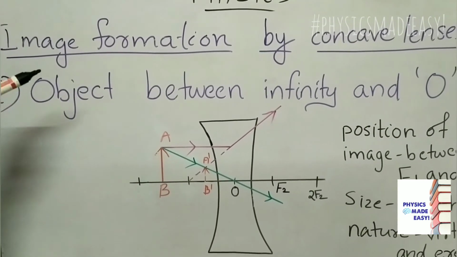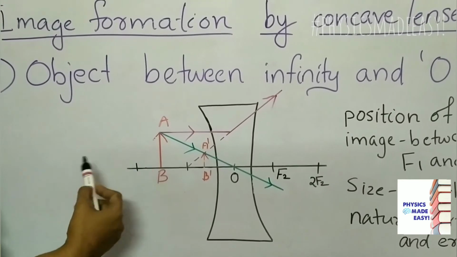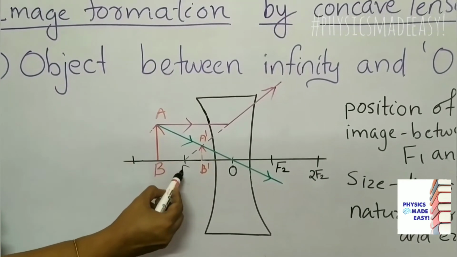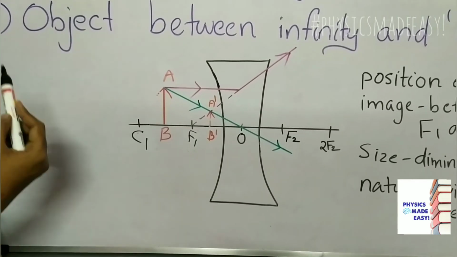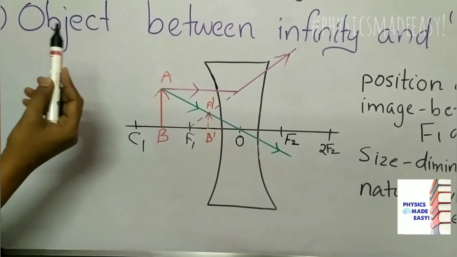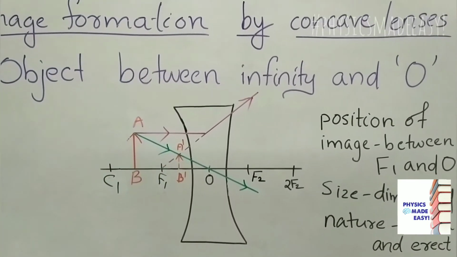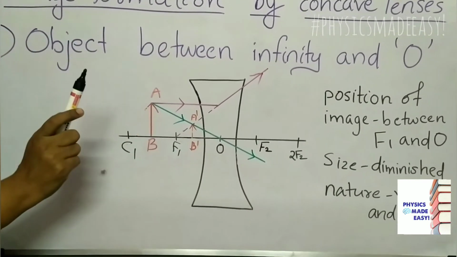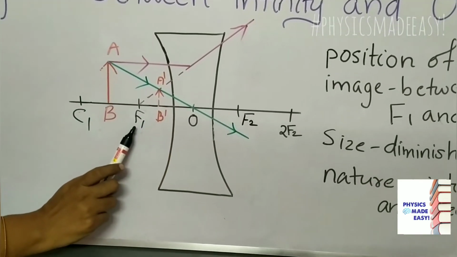This is a double concave lens, so there are two spherical surfaces, so all these points are there, here F1, here C1. We can place the object anywhere between infinity and the optical center. In all these cases we will get the image between the optical center and F1.